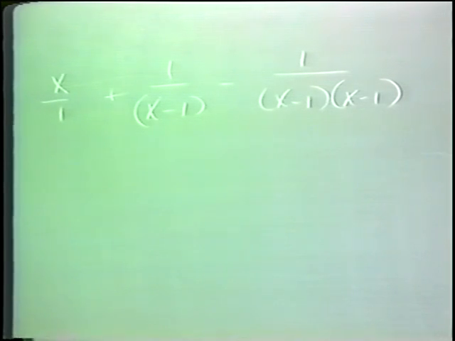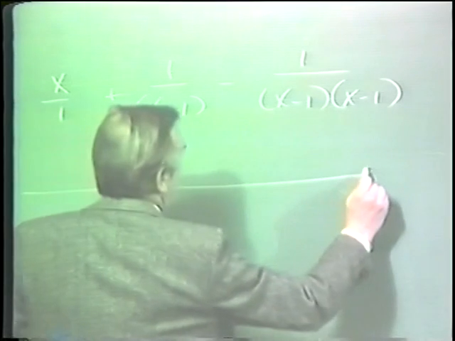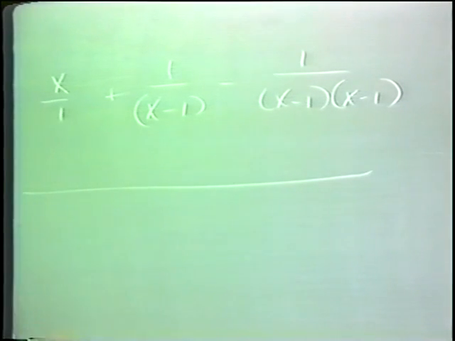What we want to do now is pick up an LCD. Notice each of our denominators is in factor form. Remember that each of our denominators has to divide evenly into this LCD. The hardest part of this problem is probably finding the LCD.